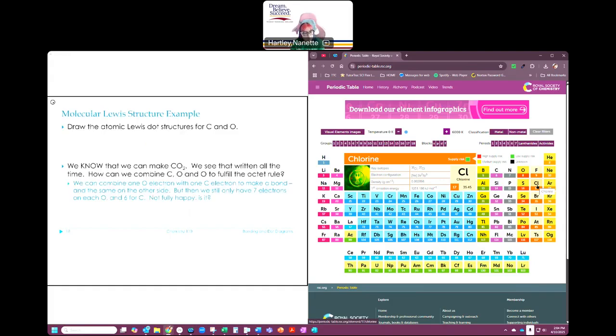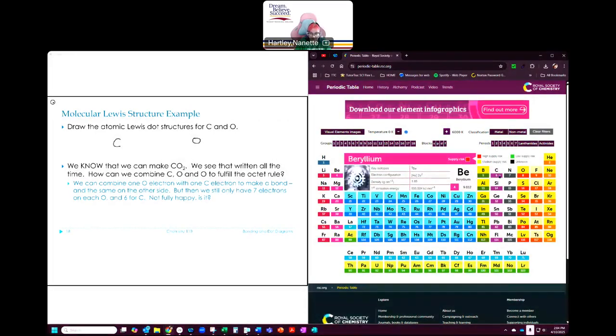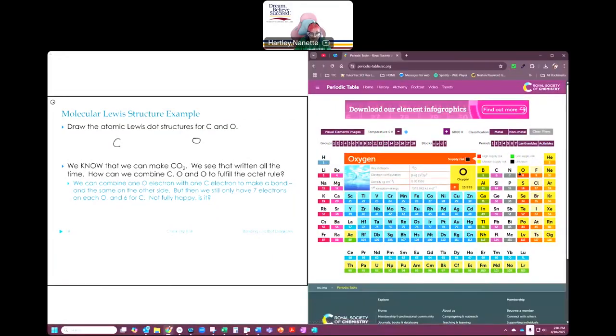So let's draw the atomic Lewis dot structures for carbon and oxygen. Carbon has a symbol of C, oxygen has a symbol of O. Carbon has 4 valence electrons based on its position right here. And oxygen, being here, has 1, 2, 3, 4, 5, 6.